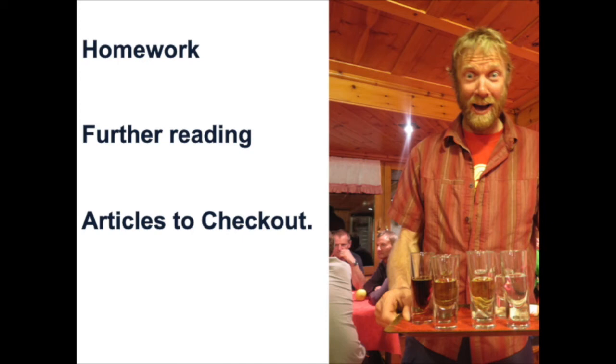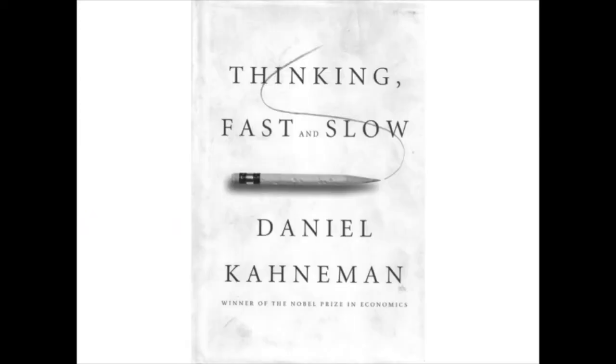Just in closing here, I'll put these in a follow-up email as well, just some links and other things that you might like to look at. And as I said, jot these down, look at them, or I'll send them out later.